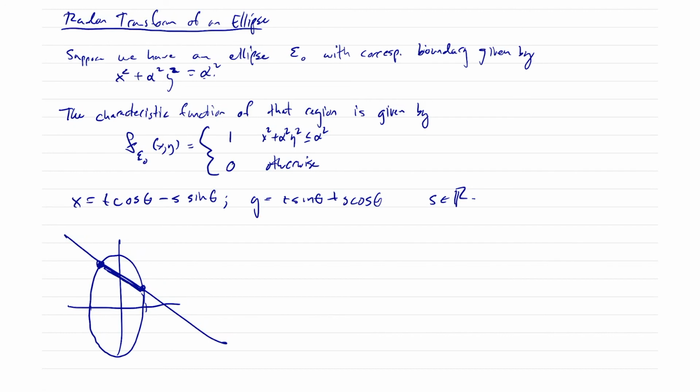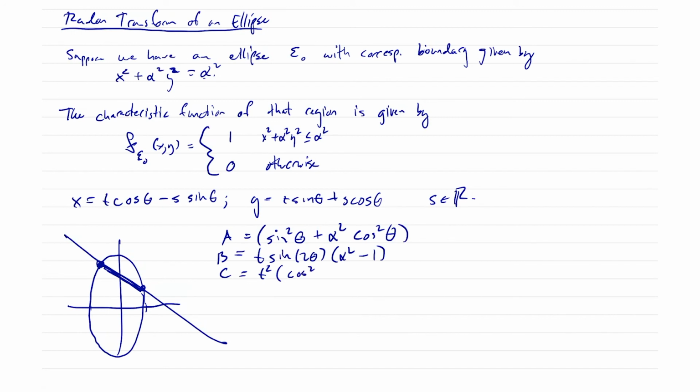If we plug these values in, and trusting Feynman here, we get a equal to sine squared theta plus alpha squared cosine squared theta, b equal to t times sine of 2 theta times alpha squared minus 1, and c equal to t squared times cosine squared theta plus alpha squared sine squared theta, minus alpha squared.